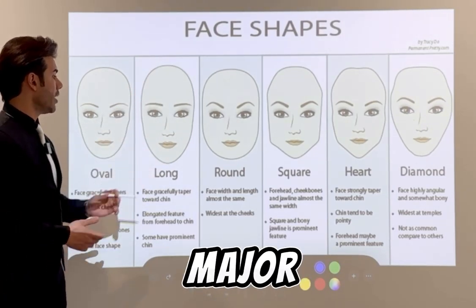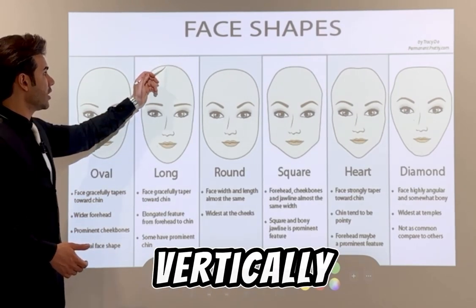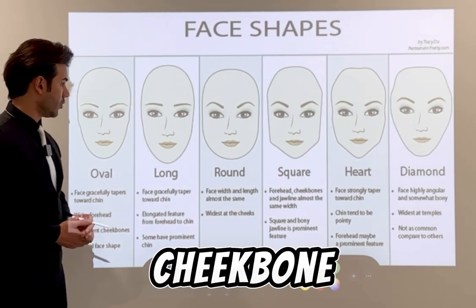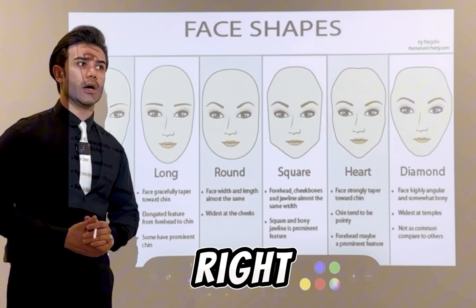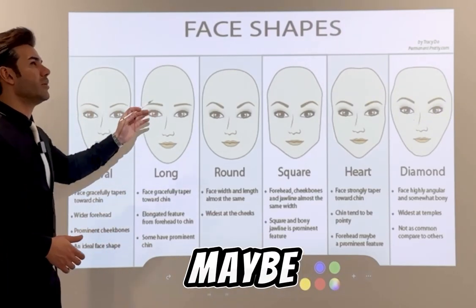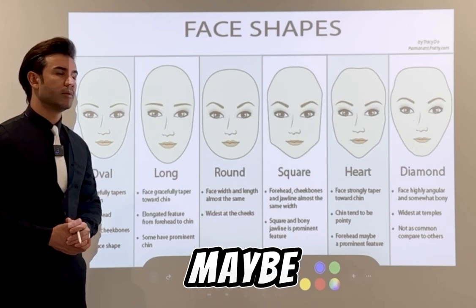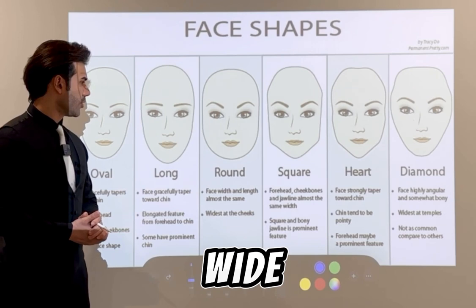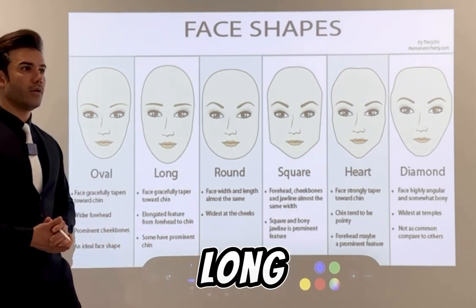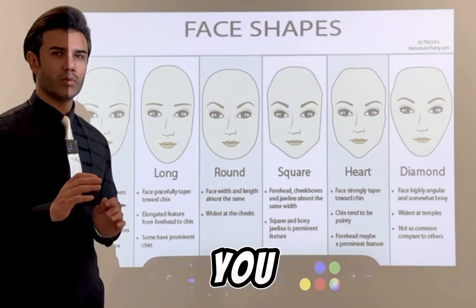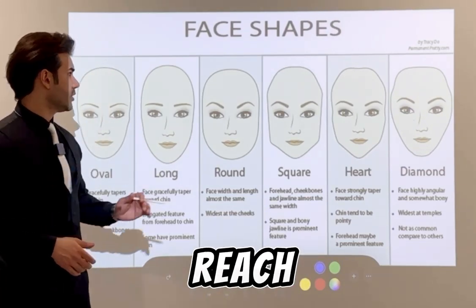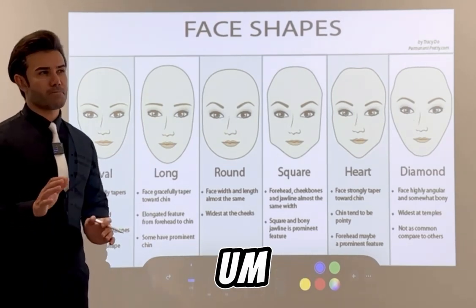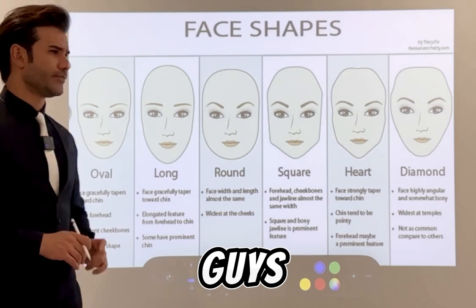If we measure B vertically from where our hair grows until our cheekbone, it's longer, maybe two or three times the A, which is how wide our face is horizontally, and it's called the long face. If you follow this formula exactly, you can tell which face is long and which is oval, because these two faces are a little bit close together, you know guys.